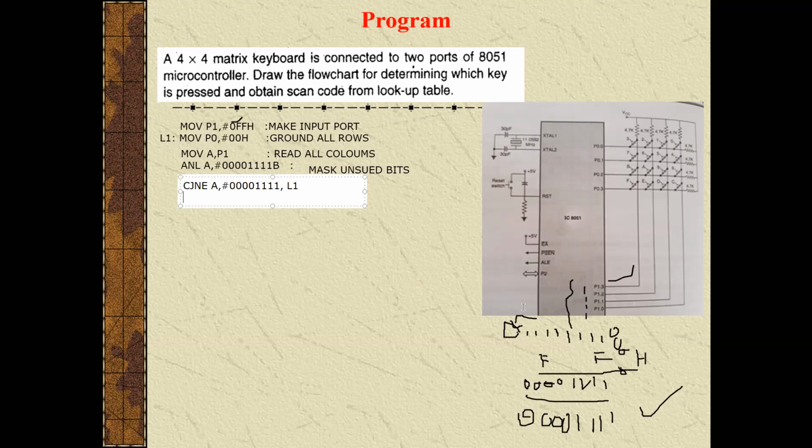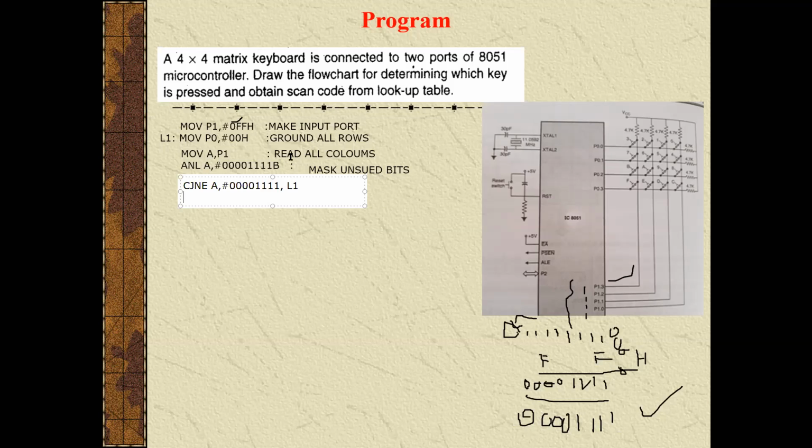Then I move this data into here and it will check by AND operation. If any key is pressed, the other data will be present here, and it will become 0. If any key is pressed, then a short circuit will happen. This 0 1 will become 0, and after performing the AND operation, this is not present.